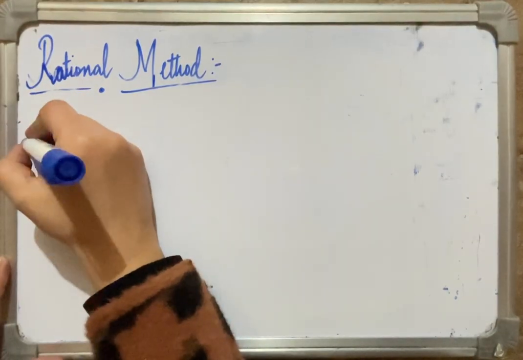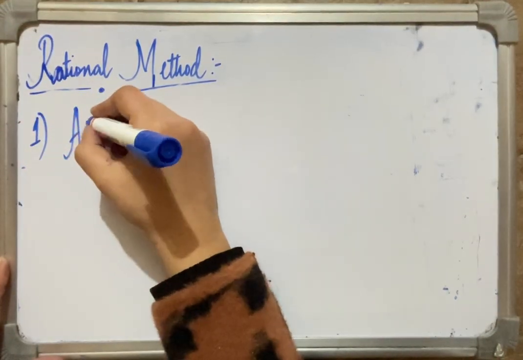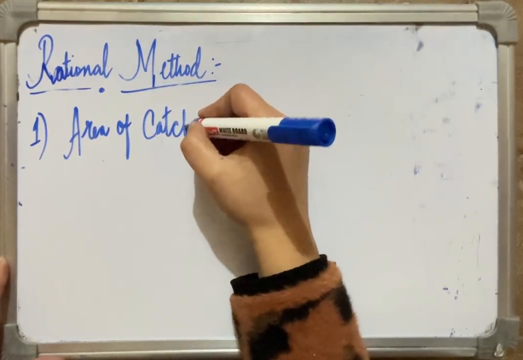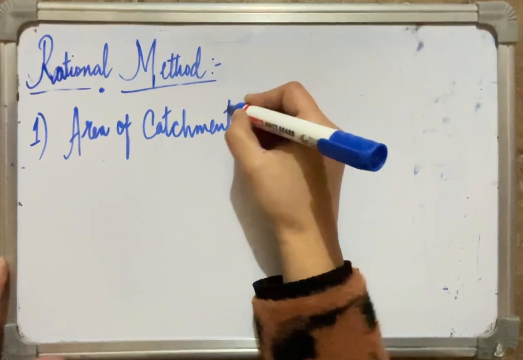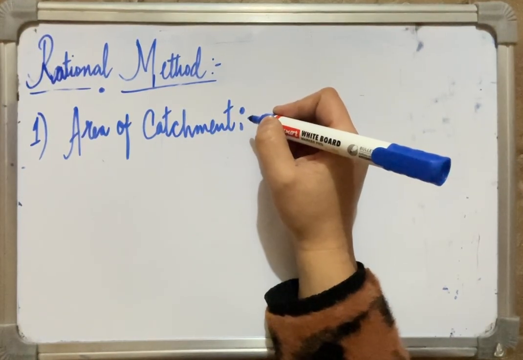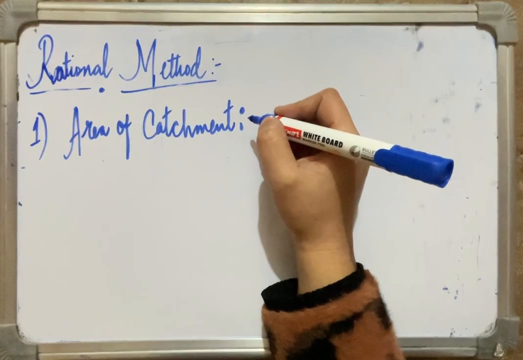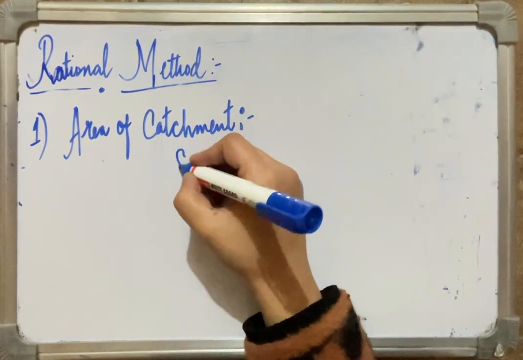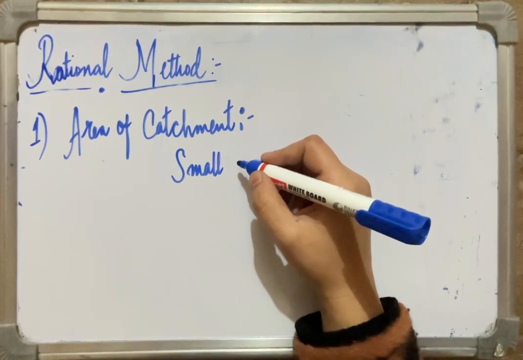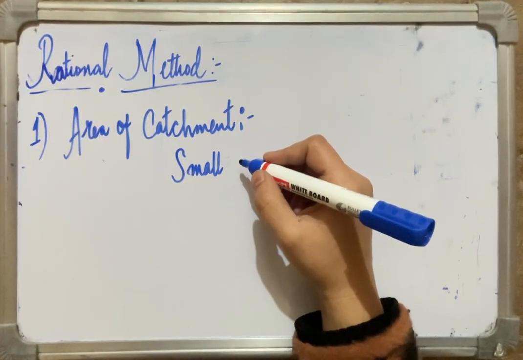The first one is area of catchment. The smaller the area of catchment, the smaller will be the coefficient of runoff, and vice versa.